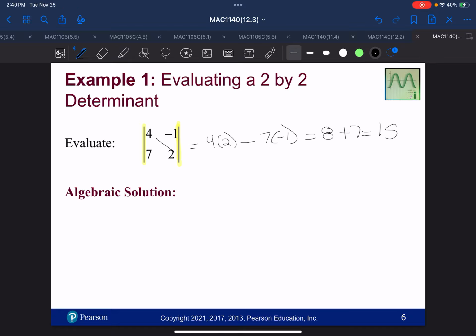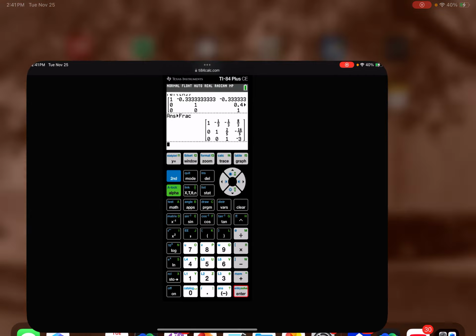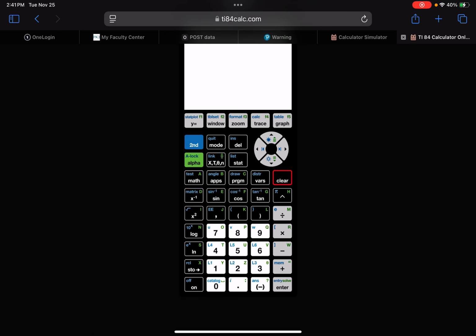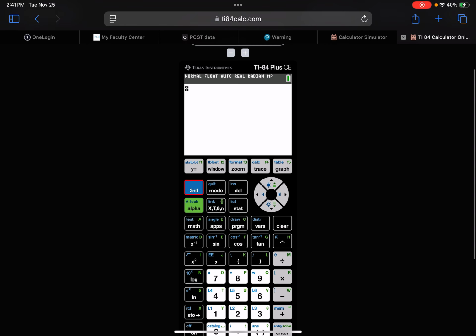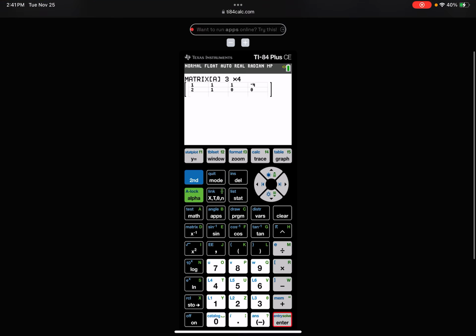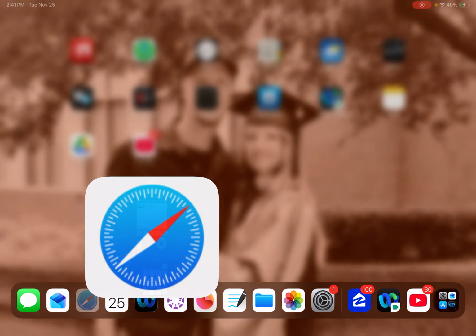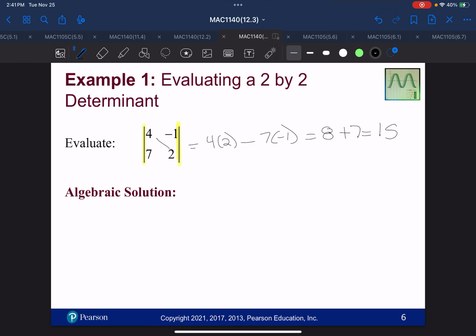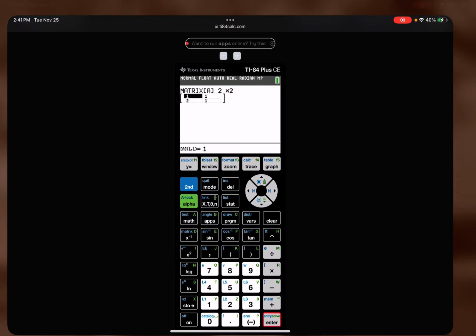Okay, and now I'm going to show you how to do this in your calculator. So if I go back to second matrix and I go back to edit and I go 2 by 2 matrix, and I already forget what it was, 4, negative 1, 7, 2.